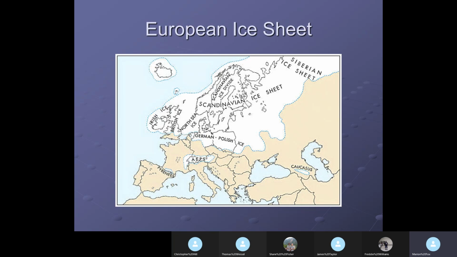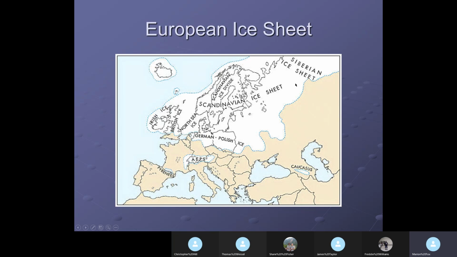Okay, but if you notice, the sheets of ice weren't as far south. Moscow's right over in here. Moscow is way far north, yet the ice didn't come way down to here.